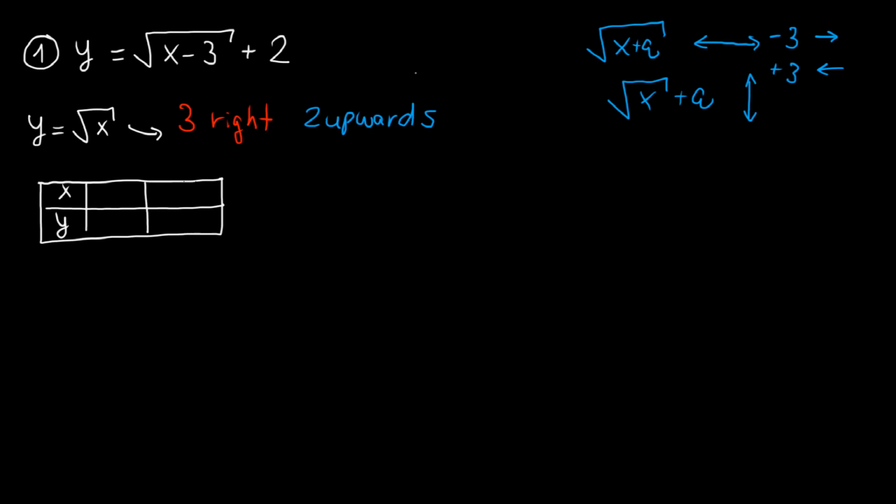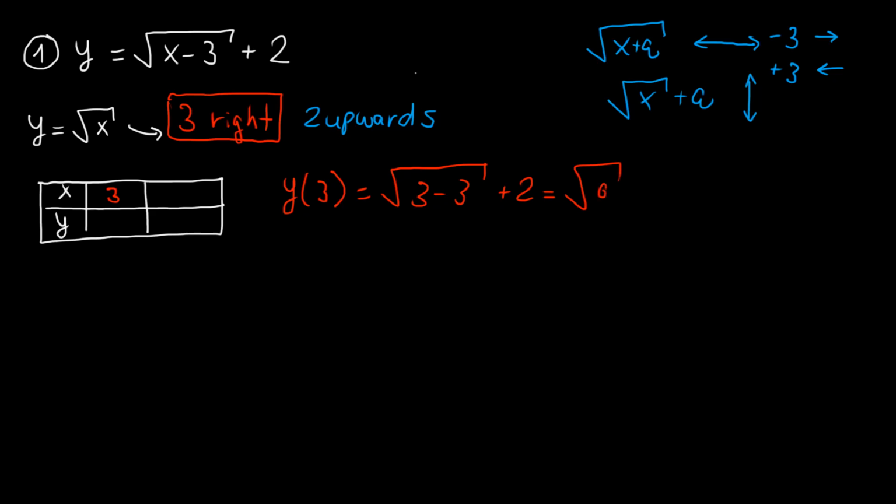The first number that we plug into the table is how much it shifted on the x-axis. So when we plug in 3, it is 3 minus 3, which is 0, square root of 0, plus 2 is 2. Notice that (3, 2) is our first point.